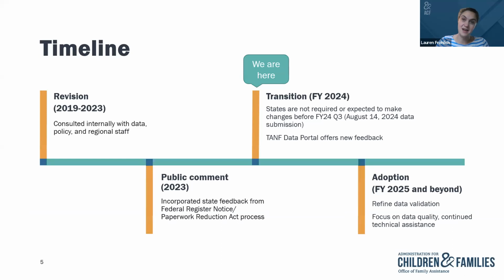So here is a high-level timeline of how we got here. We spent a long time doing a very thorough revision. We consulted internally with the data policy and regional TANF staff. We had informal conversations with states, or just tried to get as much feedback any way we could informally. And then we also did research on best practices, like I mentioned.